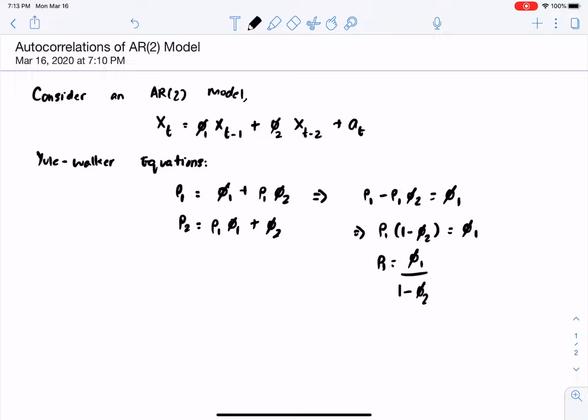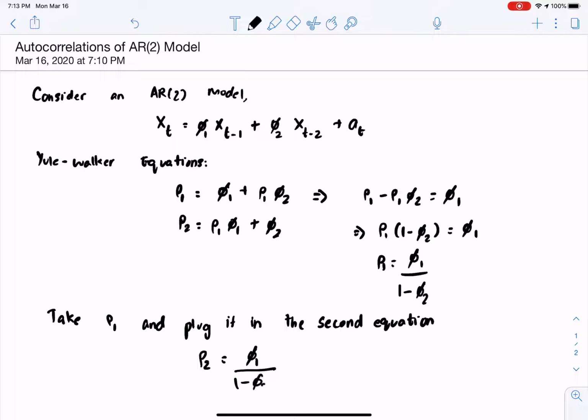And likewise, if we take the value of ρ1 and plug it into the second equation, we would have ρ2 equals phi1 over 1 minus phi2 times phi1 plus phi2, which is phi1 squared plus phi2 times 1 minus phi2 over 1 minus phi2.